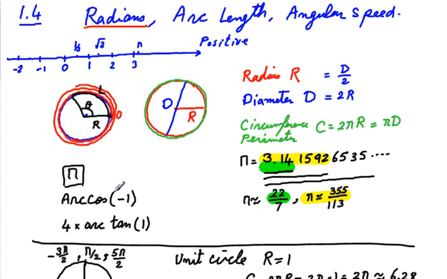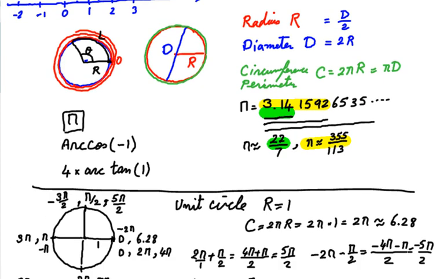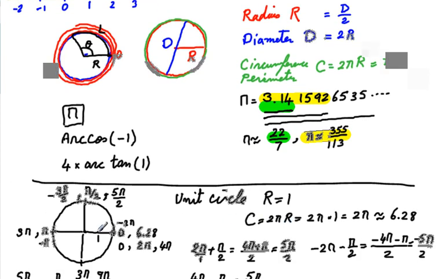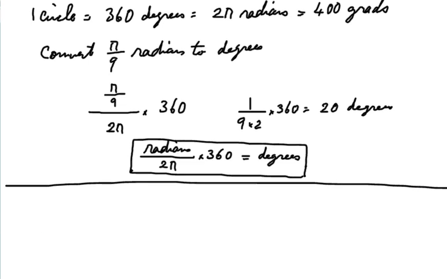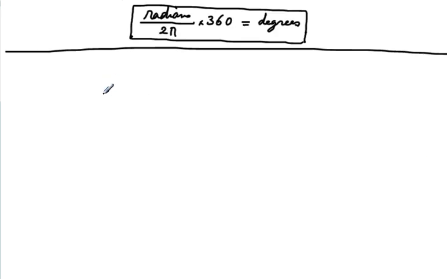Well, for the case of a whole circle, we know that if you go all around, the connection between circumference and the radius is that circumference is 2 pi r. But what about the special case? Let's make up a problem, and then I'll give a formula if we have time.